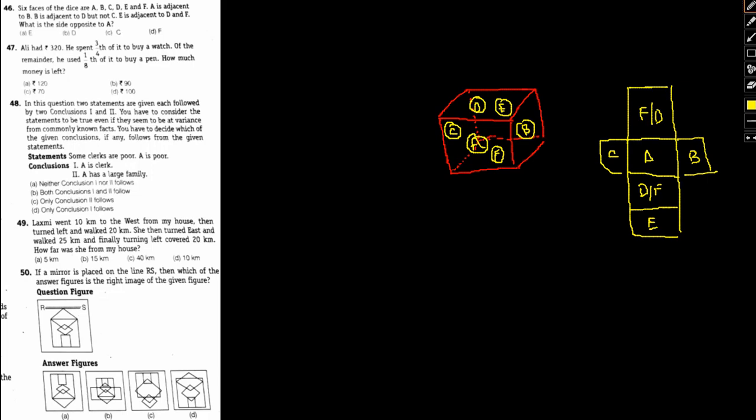So which side is opposite to A? E is clearly opposite to A. You can see in the 3D figure, and here also A and E will be opposite to each other. So option A, E will be opposite to A.